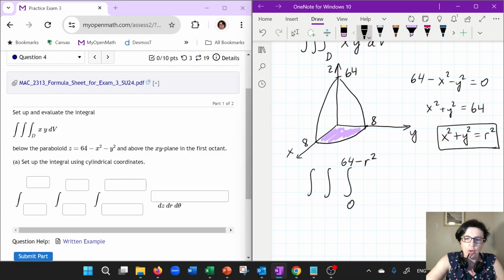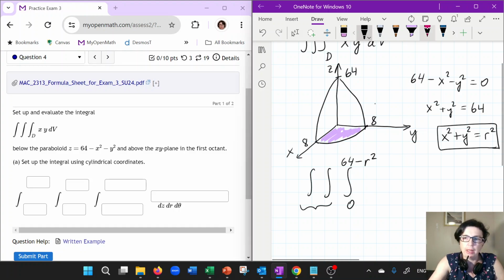Over here, you want to set this up over the projection of the solid on the xy plane. And as I said, that's a quarter of a circle. Now, this is done similar to polar coordinates. Just imagining a two-dimensional situation, you're going to have a fixed theta.